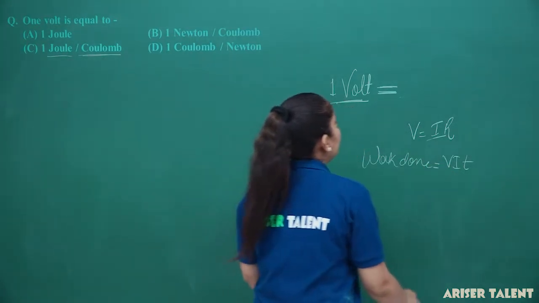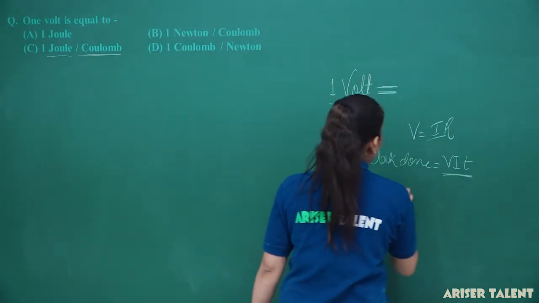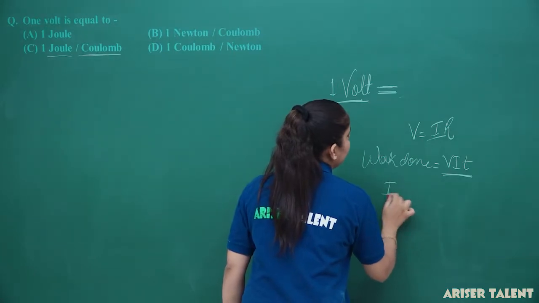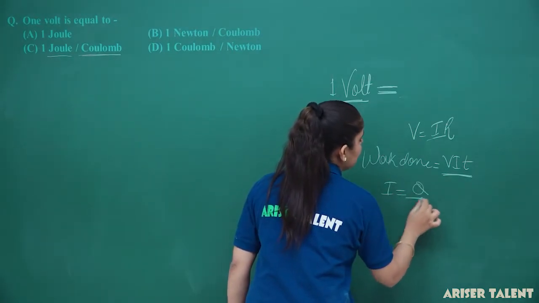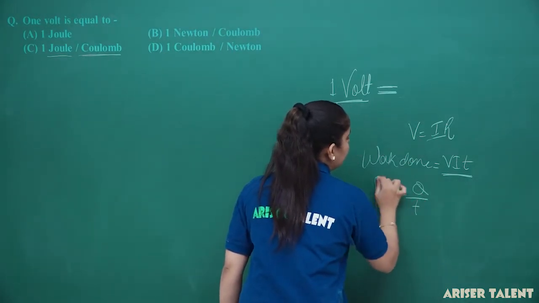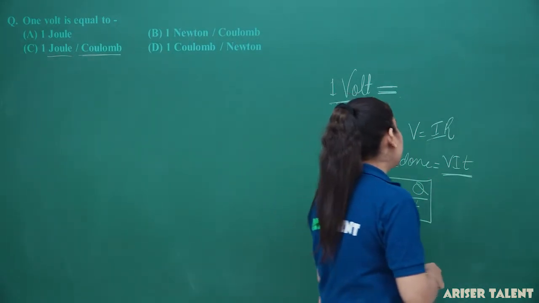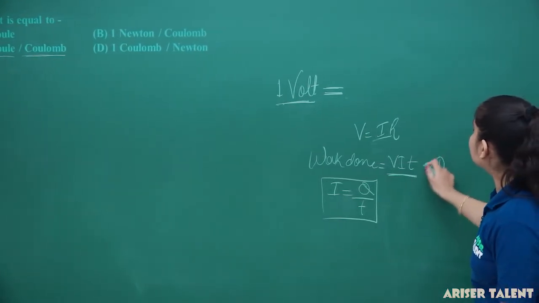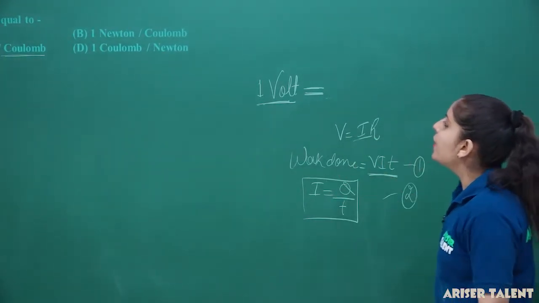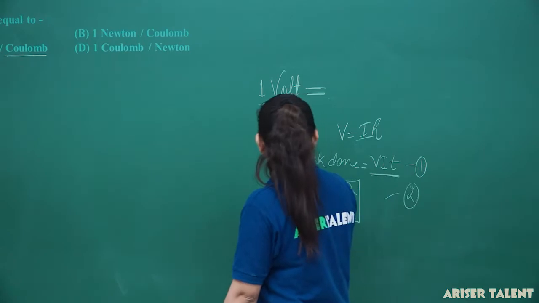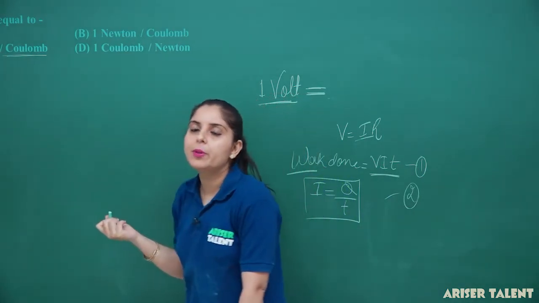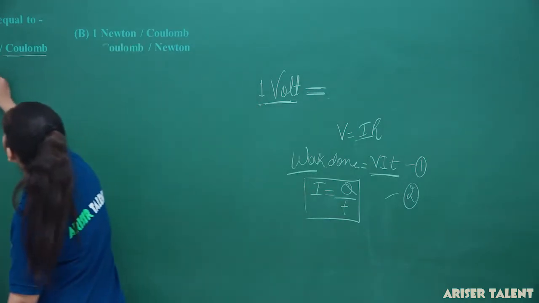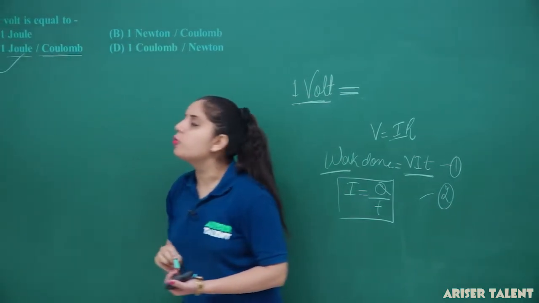So, work done will be our VIT, and the current is determined as charge per unit time. It means charge flowing in a unit time. So, when you divide both these equations, you will get the unit of work as a joule and the charge as coulomb, which will give you the value of 1 volt. So, which is the correct option here? The correct option here will be option number C.